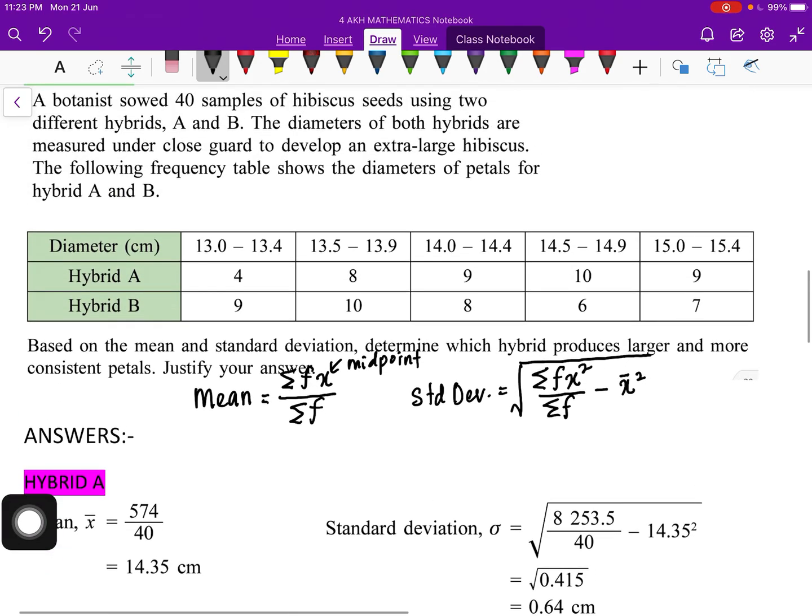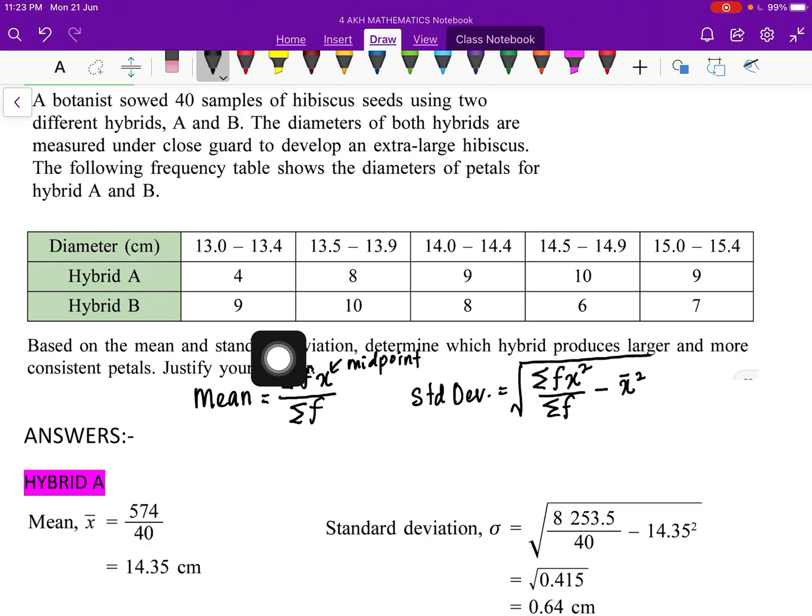So the question initially wants, determine which hybrid produces larger and more consistent petals. So bila dia cakap pasal mean and standard deviation, mean is our average. Okay, secara purata. So which hybrid produces larger, this is actually dia nak kamu refer kepada mean. Sebab secara purata, mana satu hybrid yang mempunyai diameter petals yang lebih besar.